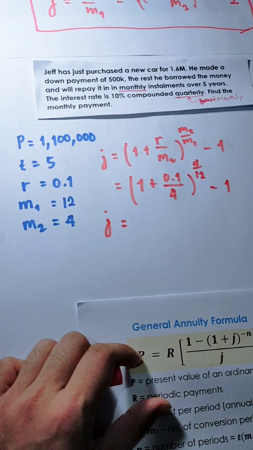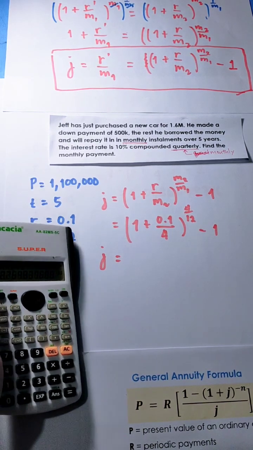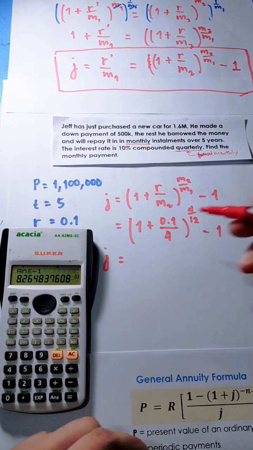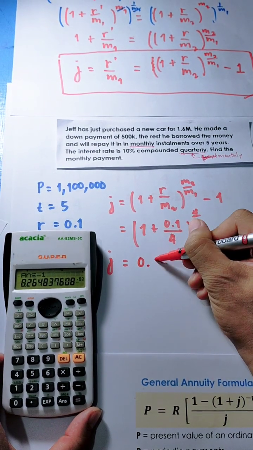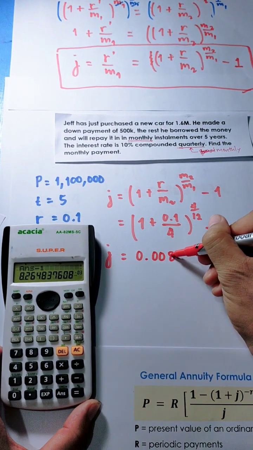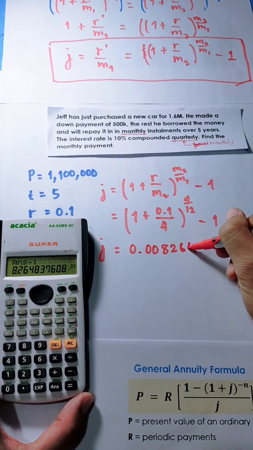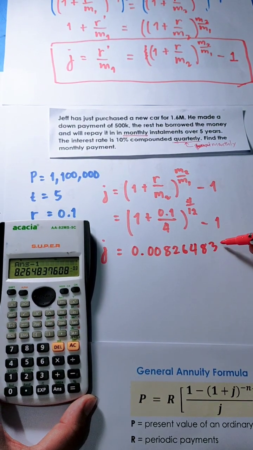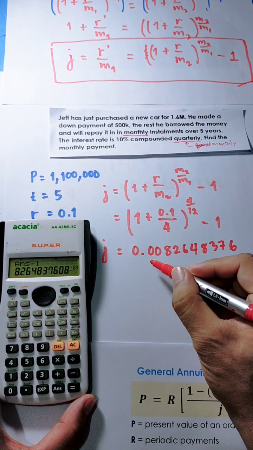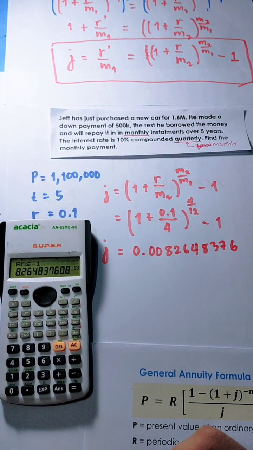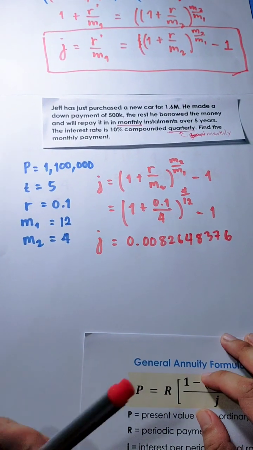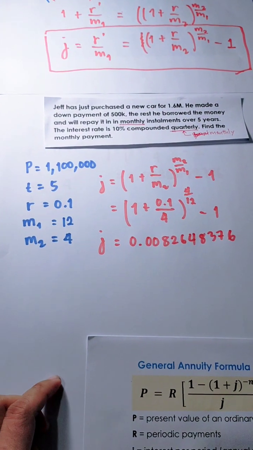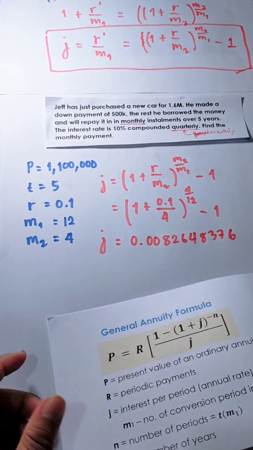Using our calculator, we have 0.0082648376123. 1, 2, 3. Okay, that's correct. That's our J now.